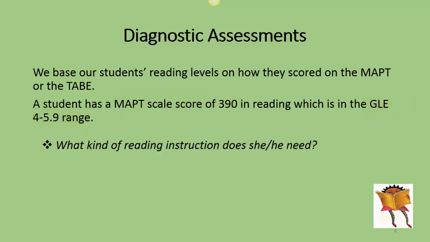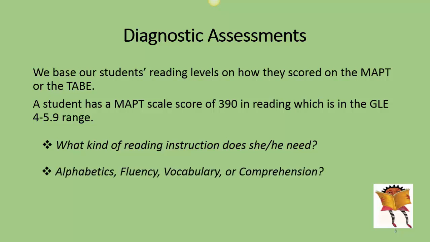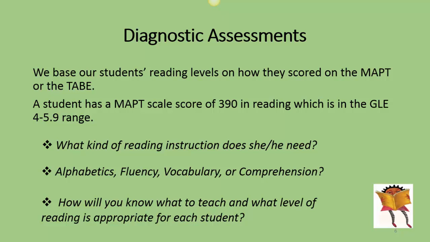So let me ask you this question that you can think about based on the MAPT score here. What kind of reading instruction does he or she need? Can you tell from that result? Do they need instruction in alphabetics, fluency, vocabulary, or comprehension? And how will you know what to teach and what level of reading is appropriate?